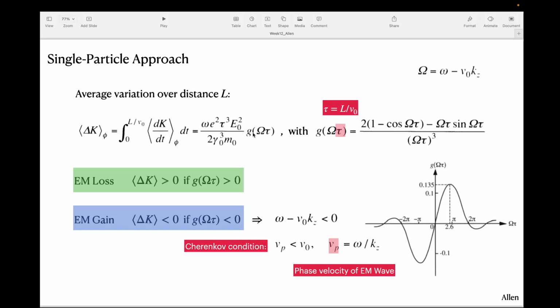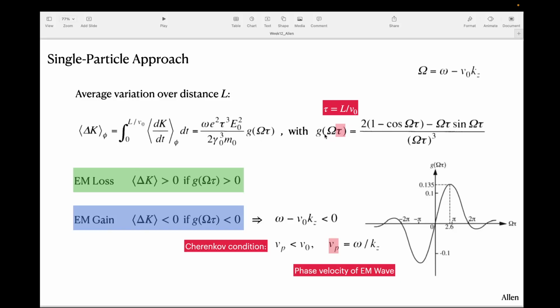And here we have a function g with parameter big omega tau, where tau is what we define as the time here, which is L divided by the drift velocity over a certain distance L.